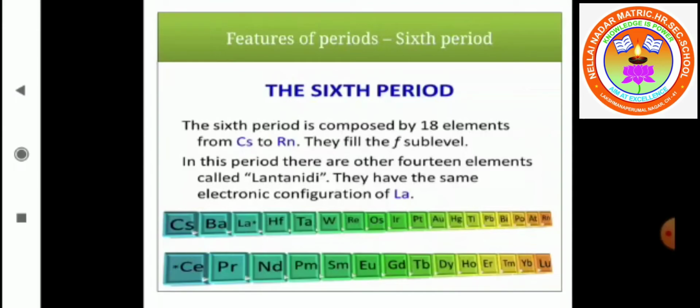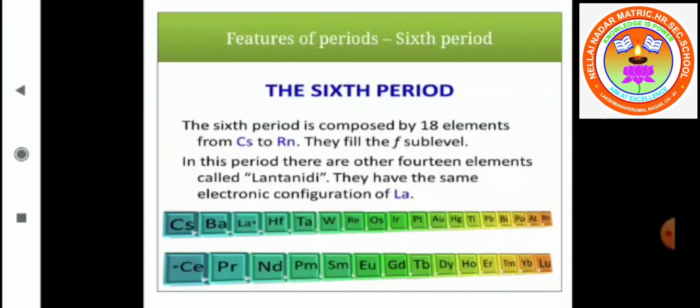Let me read the names of these elements. Cesium, barium, lanthanum, hafnium, tantalum, tungsten, rhenium, osmium, iridium, platinum, gold, mercury, thallium, Tl for thallium, lead, bismuth, polonium, astatine, then radon.